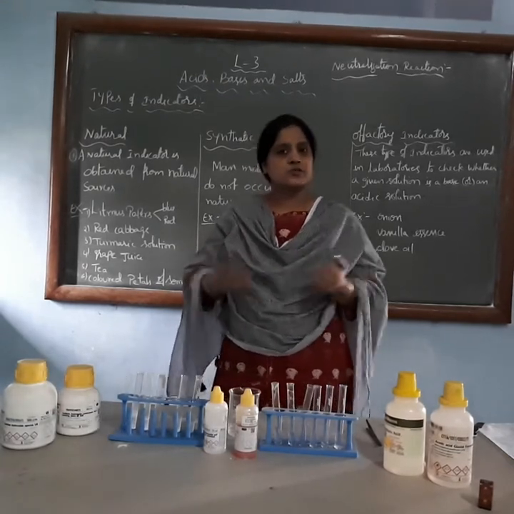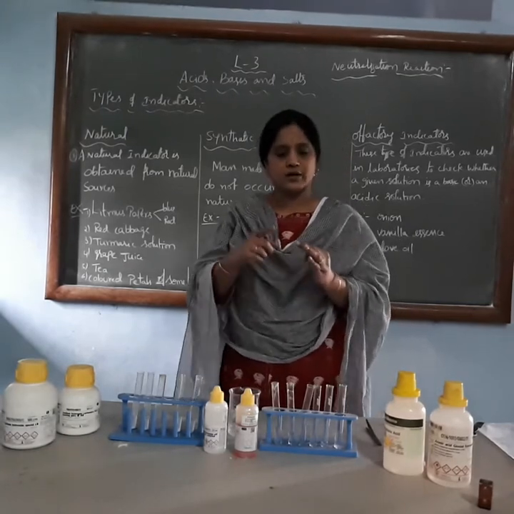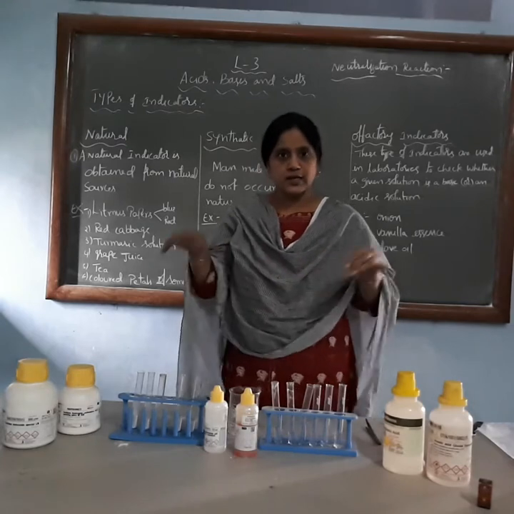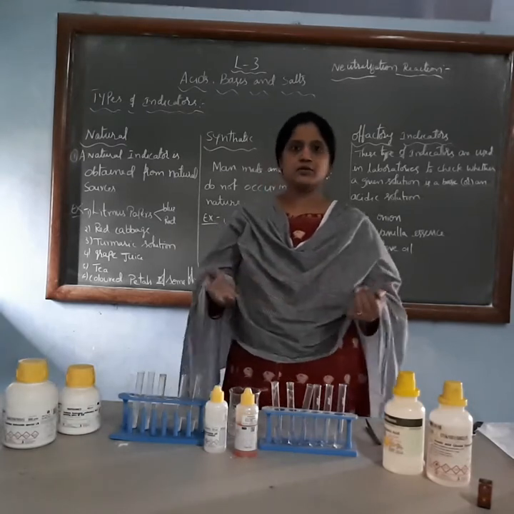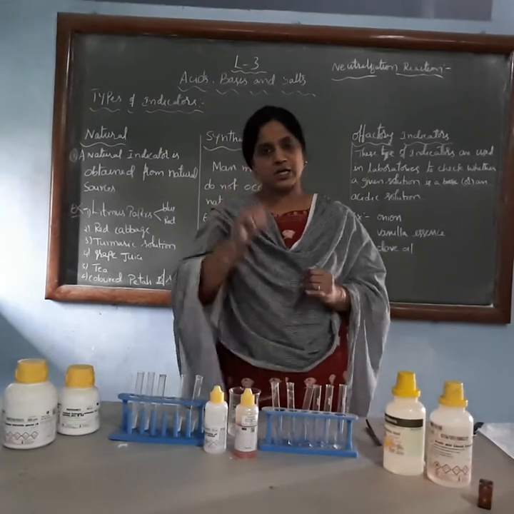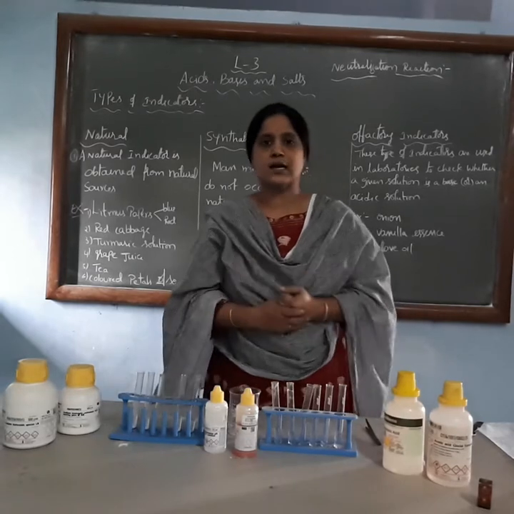What are examples of natural indicators? Grape juice, turmeric powder, red cabbage and beetroot juice in our daily life. And already, in the last video, I explained the color changes with litmus papers, blue litmus and red litmus.